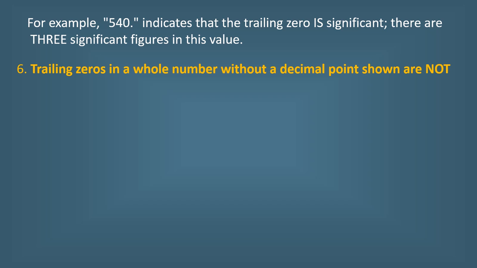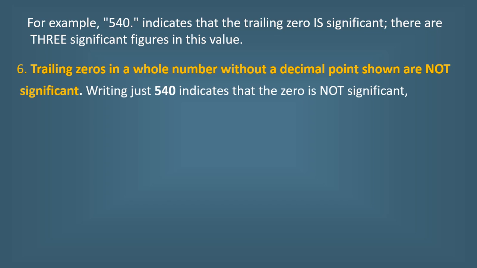6. Trailing zeros in a whole number without a decimal point are not significant. Without a decimal point, writing just 540 indicates that the zero is not significant. I'd already talked about that.